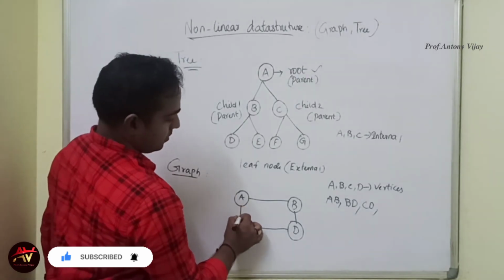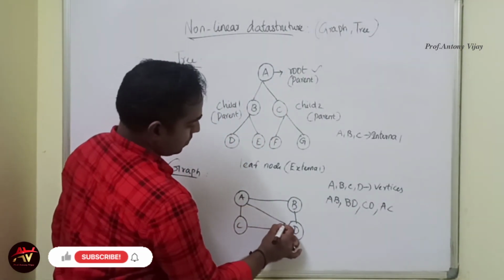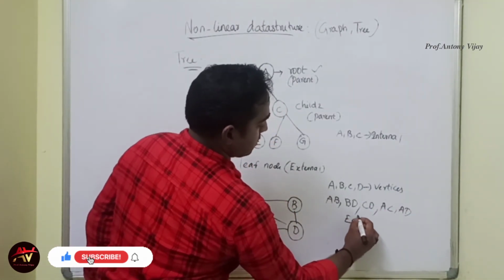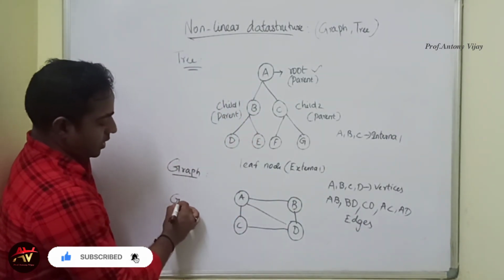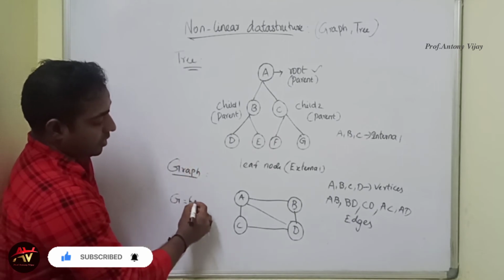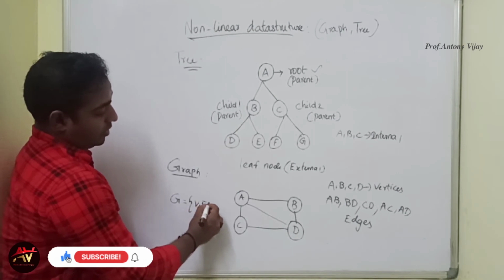then AC, or we can say AD also. So these are called edges. So a graph G is a combination of, you can mention in curly braces, V for vertices and E for edges.